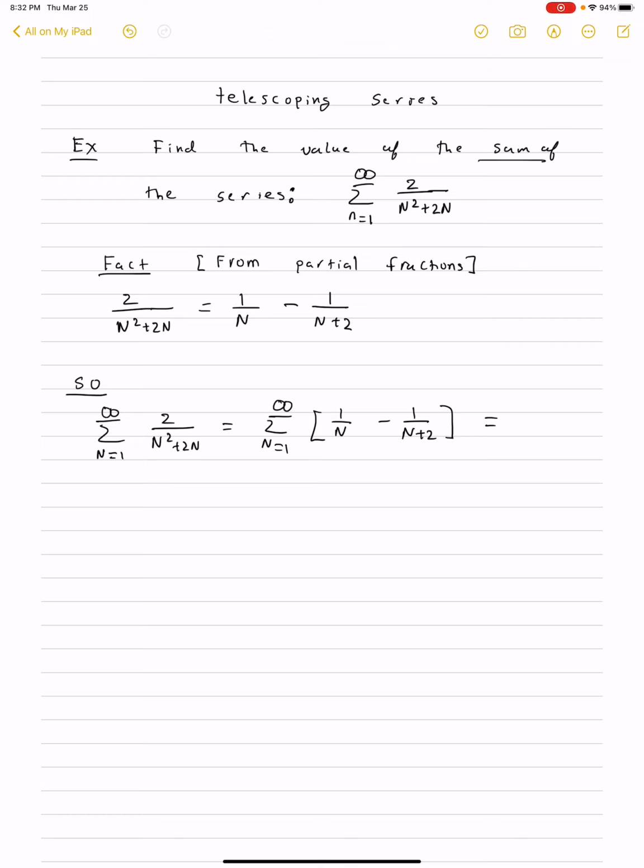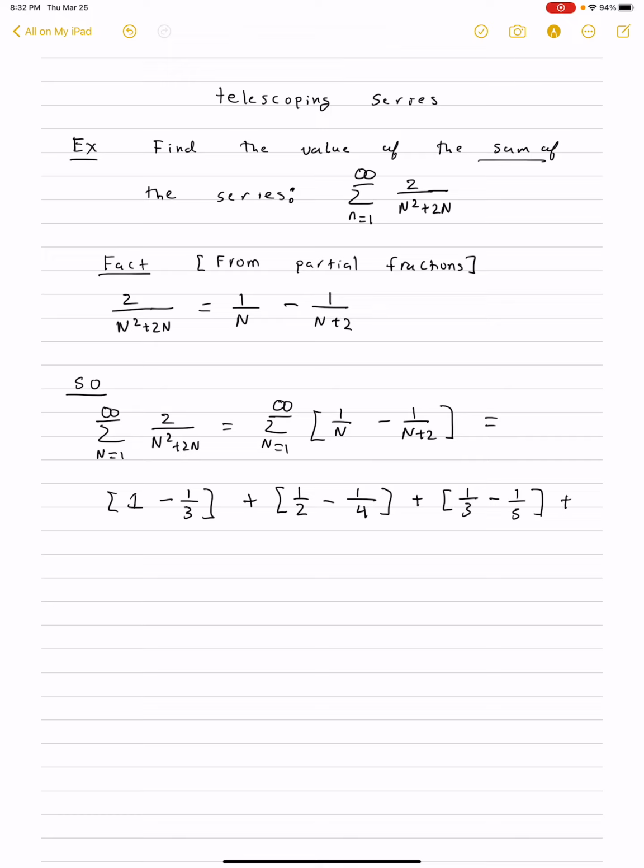When n is 1, I get 1 minus 1/3. When n is 2, I get 1/2 minus 1/4. When n is 3, I get 1/3 minus 1/5.